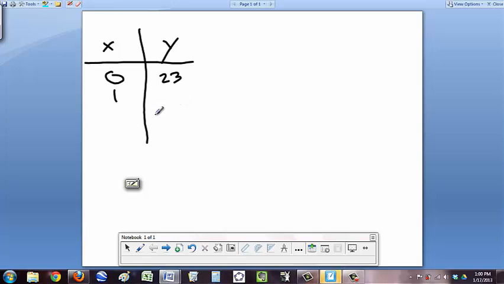Well, he's adding 10%. So what we're going to have to do is multiply 23 times 10%, and that's going to be exactly 2.3. Alright, so we're going to add that. So 23 plus 2.3 is 25.3.